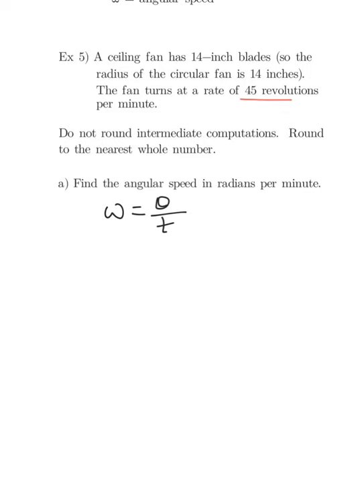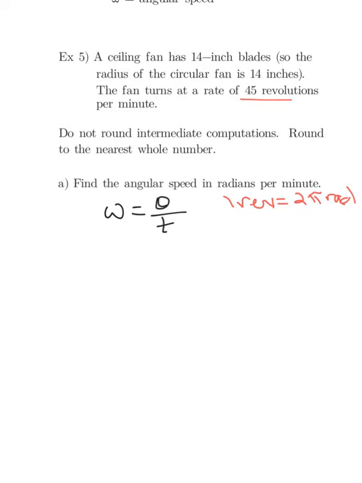You need to remember that 1 revolution equals 2 pi radians. We are told that this fan is turning at 45 of those revolutions per minute. So we do already have our unit of time.